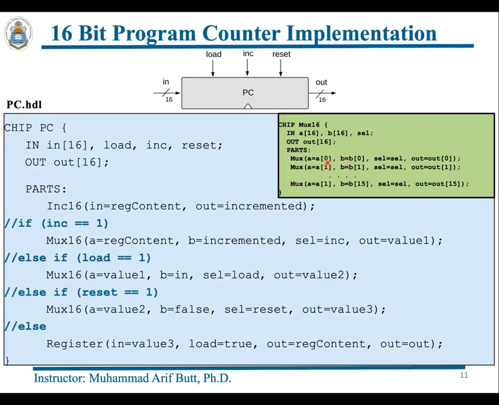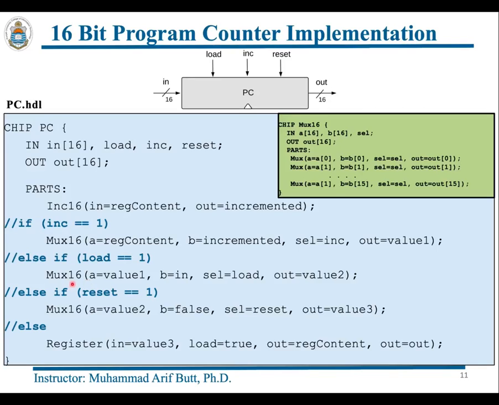We designed it when we were designing the combinational circuits, and the behavior of this MUX 16 chip is such that if the increment bit is 1, then this MUX 16 outputs this incremented value on the output, and if this increment bit, which is over here on the selection of this multiplexer, is 0, then no increment is done and the existing register contents are placed onto this out.